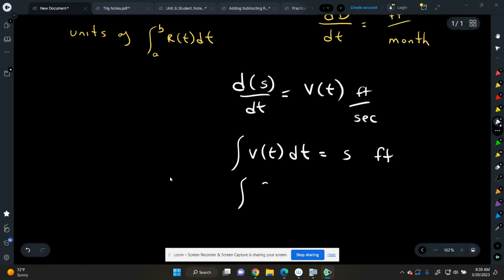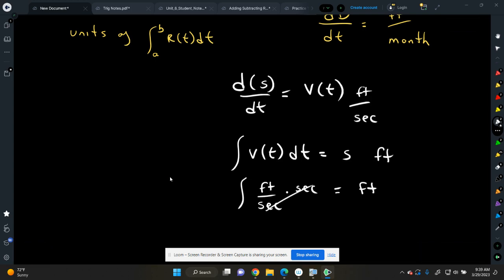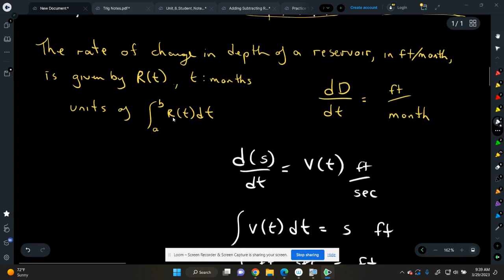I'm integrating feet per second with respect to time, dt, change in seconds. What's that equal? Feet. Does that make sense? So now go back up here. If I integrate r of t, which is feet per month, we're going to get feet.